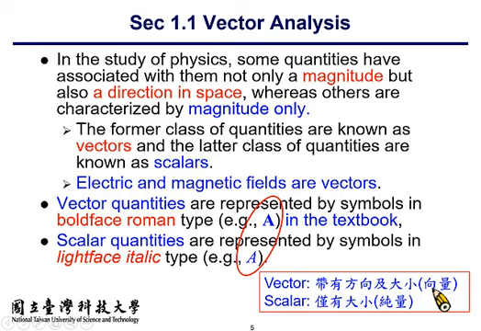So on the textbook, I would like to point out the difference between vectors and scalars.